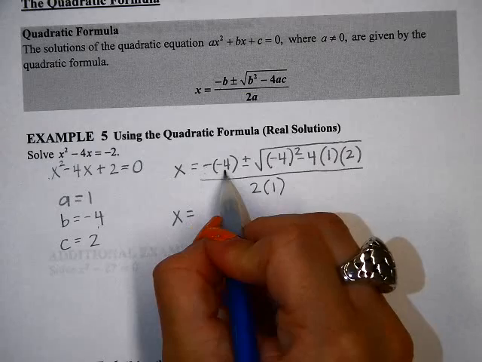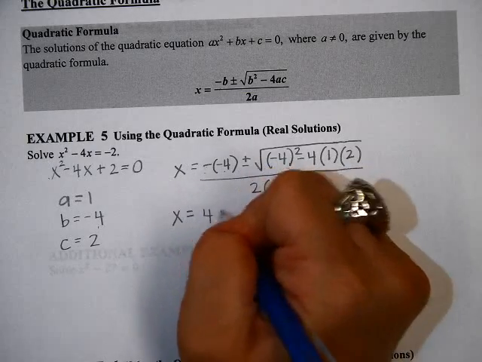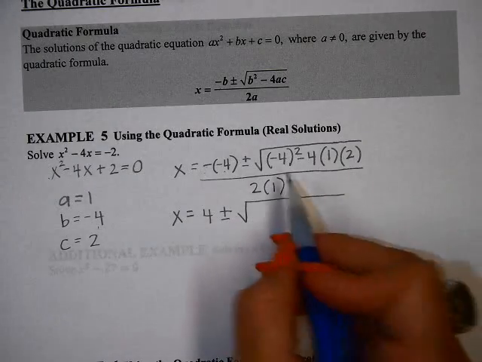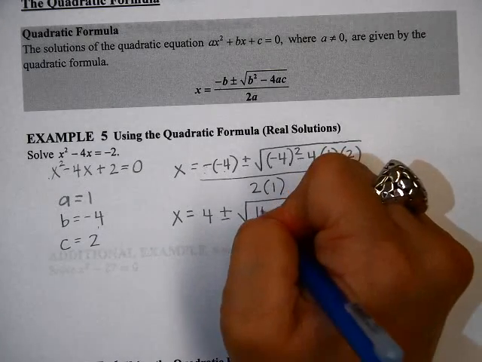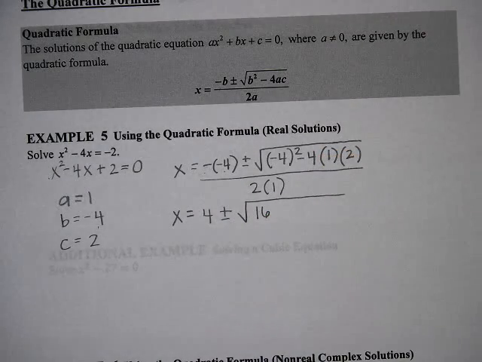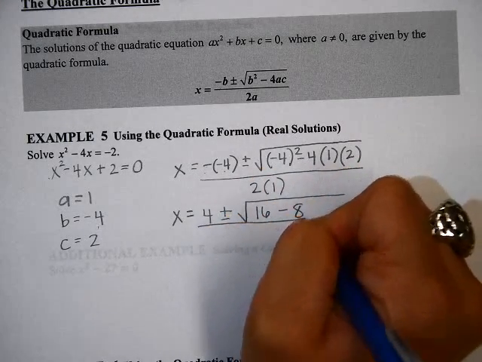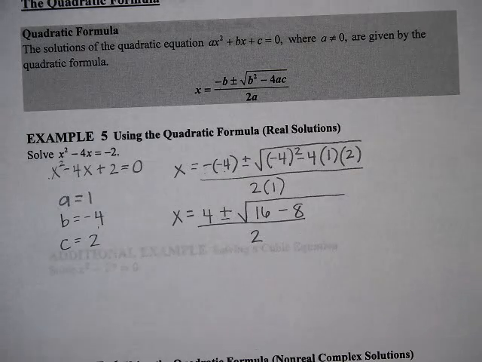So negative times a negative will be a positive 4 plus or minus, and negative 4 squared underneath your radical, you will have 16 minus 8, all divided by 2.